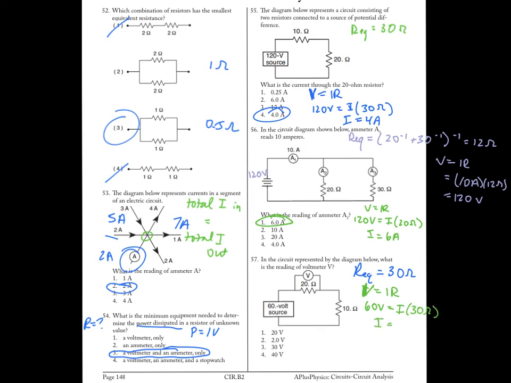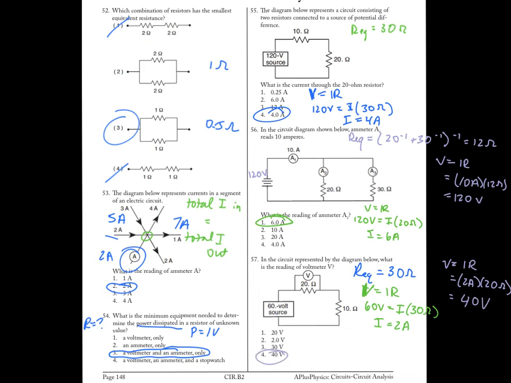I is equal to 2 amps. So 2 amps flows through this entire series circuit. So that way we could figure out our voltage drop across that 20 ohm resistor. V is equal to I times R. 2 amps times 20 ohms equals 40 volts.